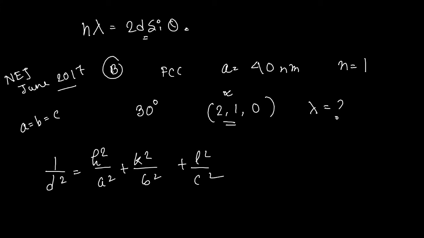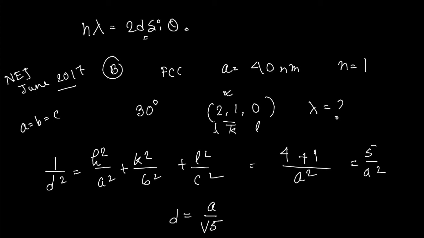Now 210 is h, k and l. Now putting all, and a equals b equals c, so it becomes 4 plus 1 divided by a square, that means 5 by a square. So d is equal to a by root over 5. So the answer is a by root over 5.